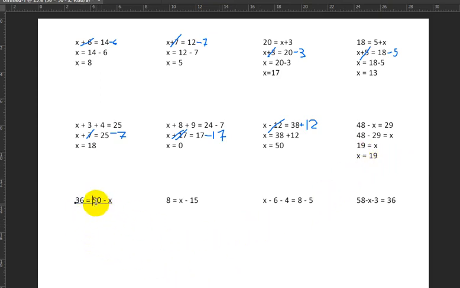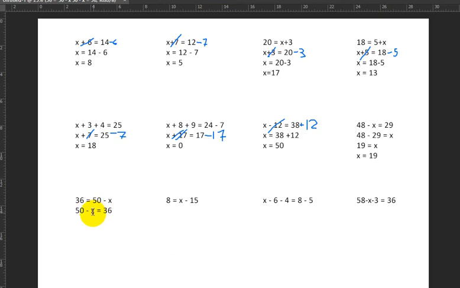Now, what if the x is on this side and is being subtracted? Again, we can, if we want to, flip the sides on the equal sign. So 36 equals 50 minus x can become, if we wanted to, 50 minus x equals 36.